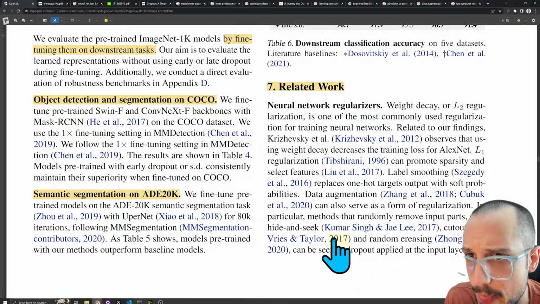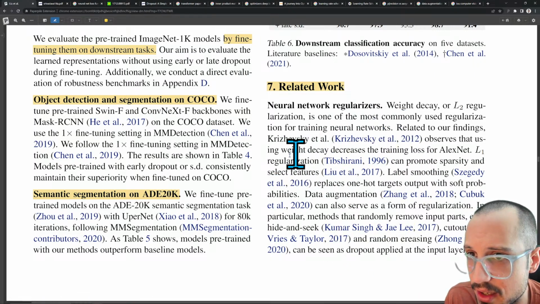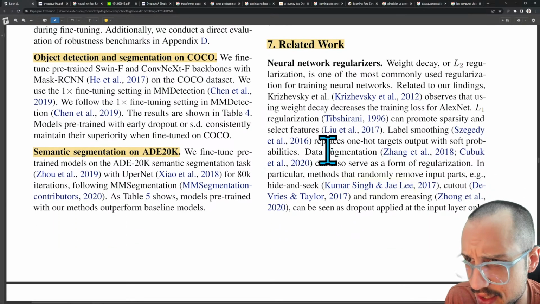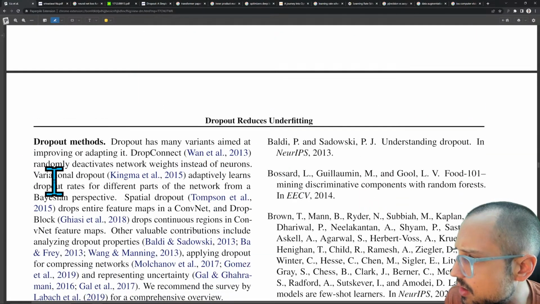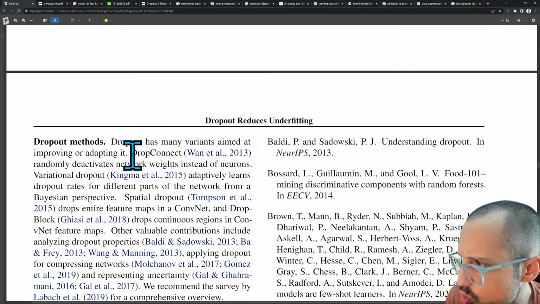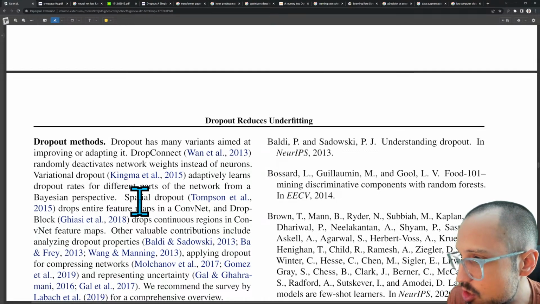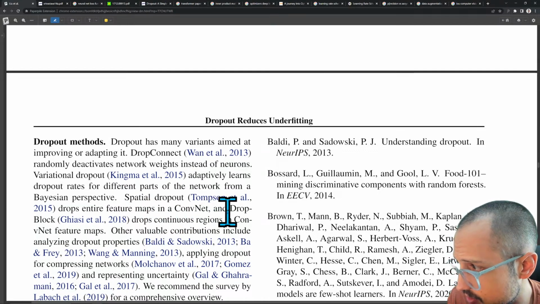culture. Okay, so what are they stating here? Weight decay increases. L1 regularizations can promote sparsity. Label smoothing replaces one-hot targets. Data augmentation as a form of regularization. Other types of data augmentation: hide and seek, cutout, random erasing. Different types of dropout: DropConnect, variational dropout, spatial dropout, DropBlock.